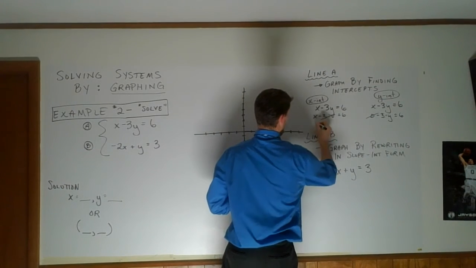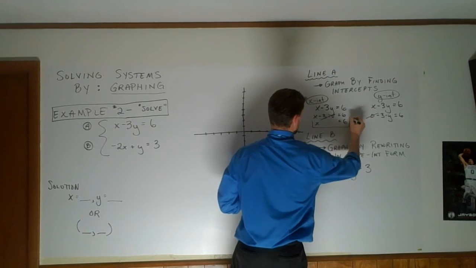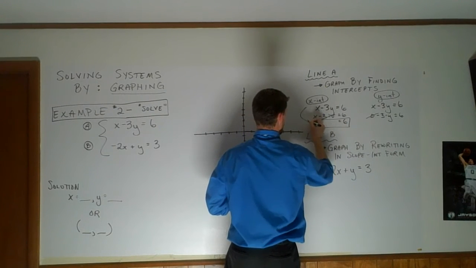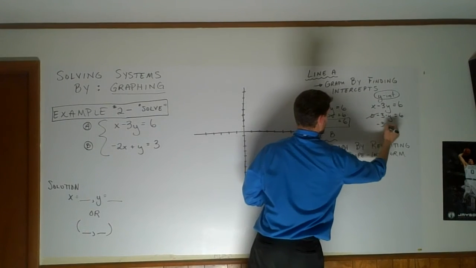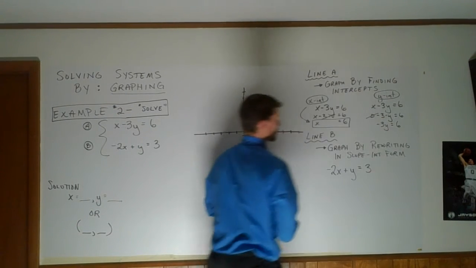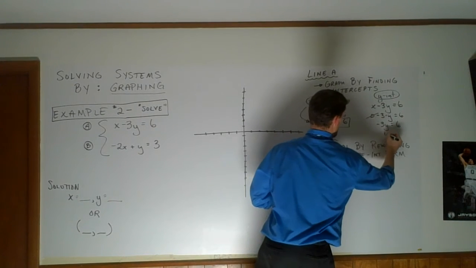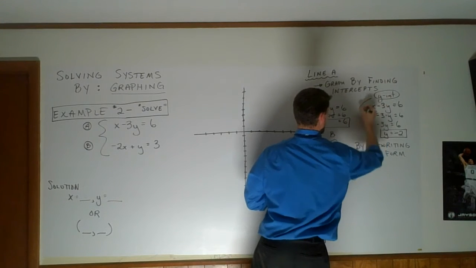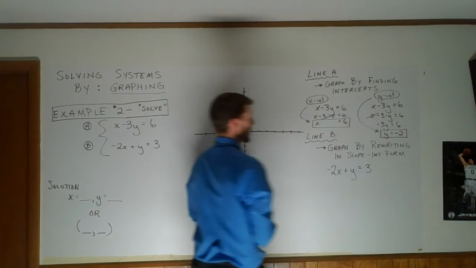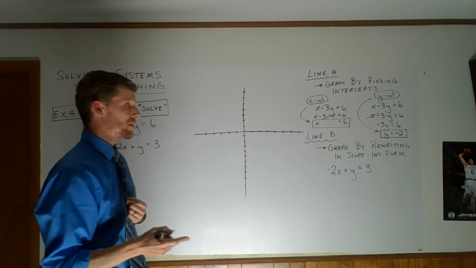And then we're left with x equals 6. That's our x-intercept. And we're left with negative 3y equals 6. We have to divide both sides by negative 3, and we get y equals negative 2. That is our y-intercept. It's important to remember these are two different points.